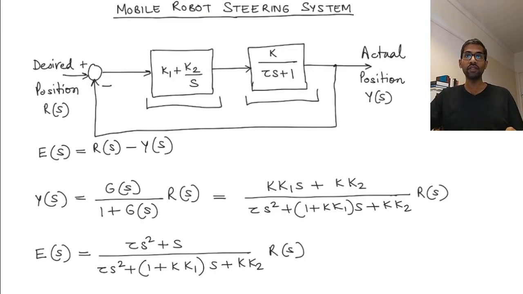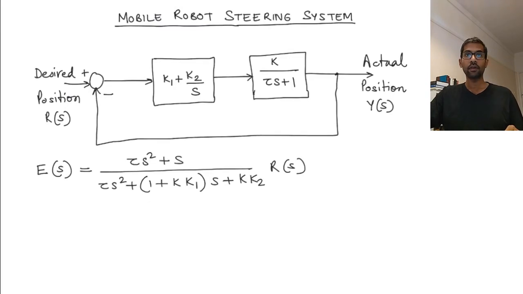Let me clear off the screen a bit so that we can work a little bit more. Now we know that the steady state error of the system is basically e(t) when t tends to infinity.